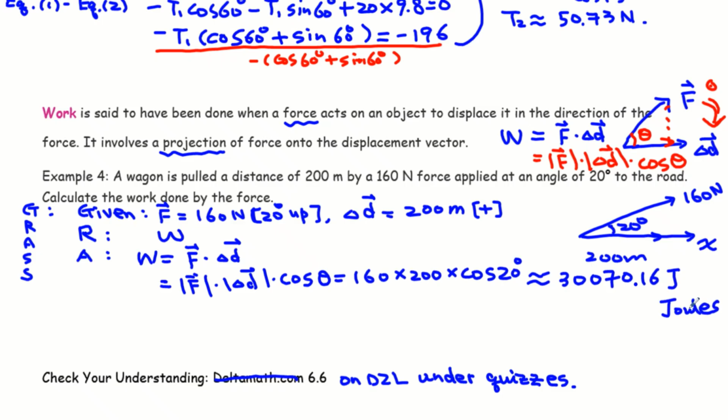This is the work unit, and the given information has no decimal places, so we could just round it to 30,070 joules. Then this is our solution. Okay, this is the formula, and this is solved, and the last one is the statement.